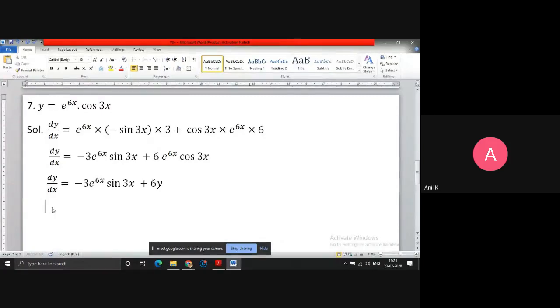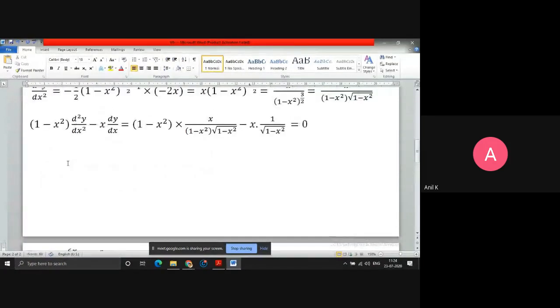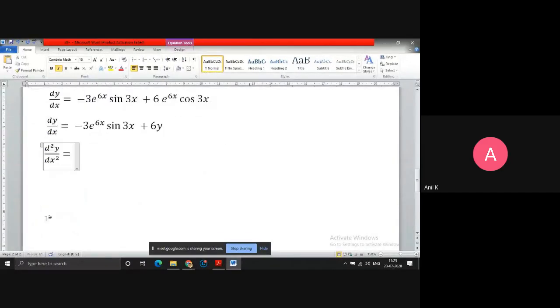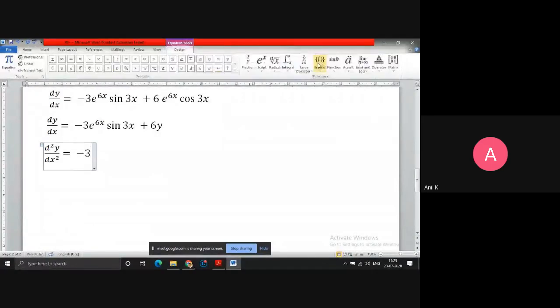So next, if I do the second order derivative, d square y by dx square, let me copy this one. Please write those steps and differentiate with respect to x on both the sides. Now this minus 3 will be multiplied with all the terms.